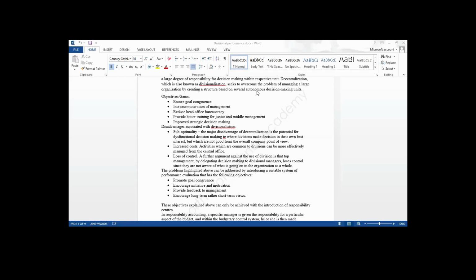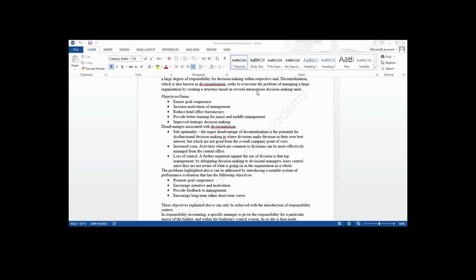When we say suboptimality, it means where a division takes a decision not in the best interest of the corporate head office.